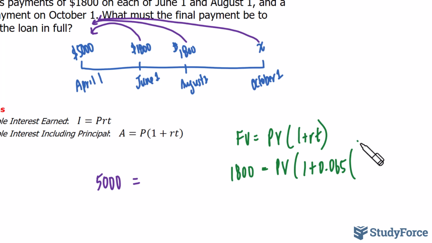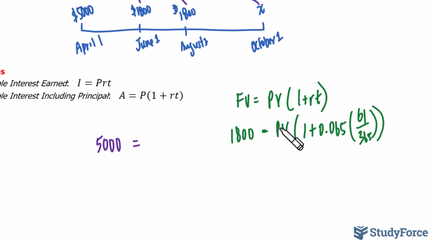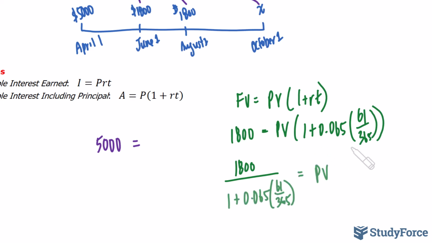And we'll represent that as 61 out of 365 days in a year to represent the value of T, which is the duration. Solving for PV, we get 1,800 divided by whatever that is equal to. And if you use your calculator correctly, you'll end up with the present value of that first payment.